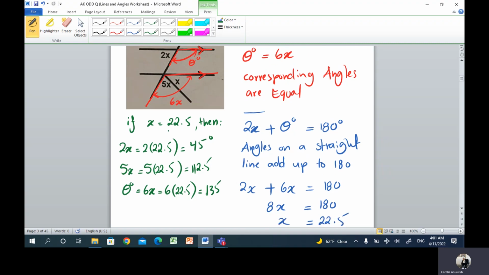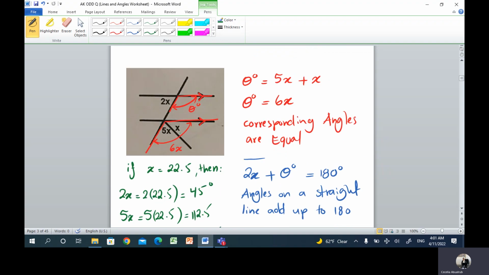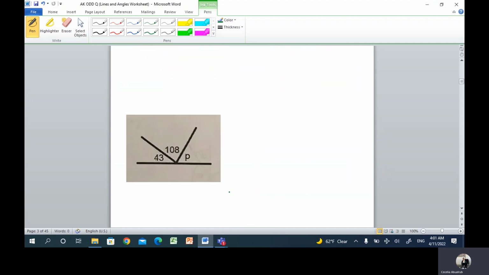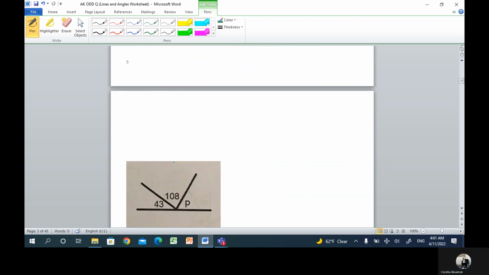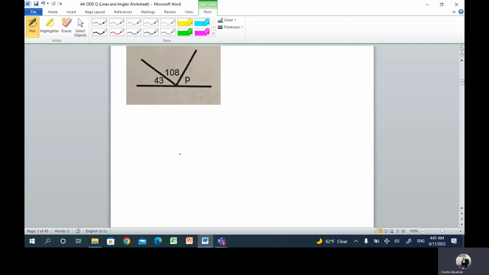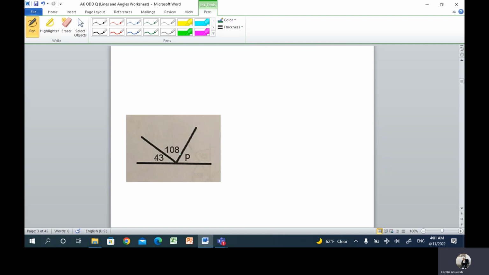And as we explained here, x is equal to 22.5. So we found the 2x, we found the x, the 5x, and the 6x. So we found all the unknown angles, okay?